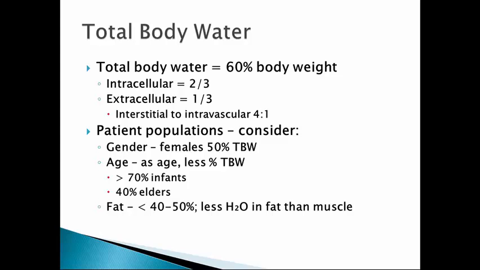Again, that becomes very important in hypervolemic states, because if you give too much fluid to an elder, you can make them hypervolemic and have negative cardiac effects. So we use this understanding all the time in understanding not only our physiology, but our pathophysiology.